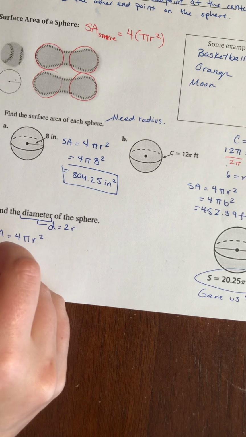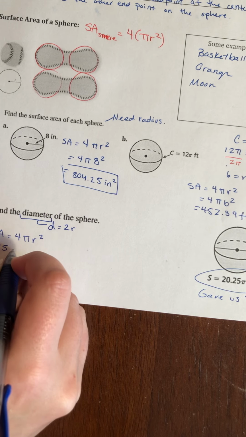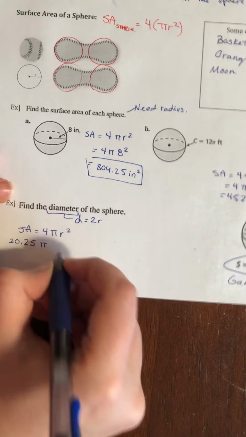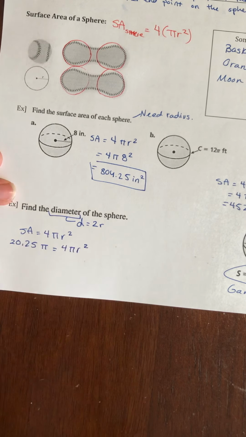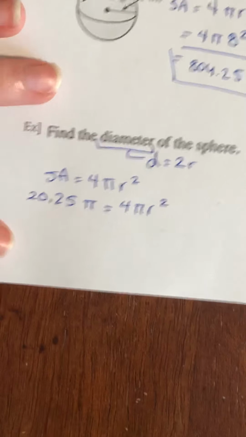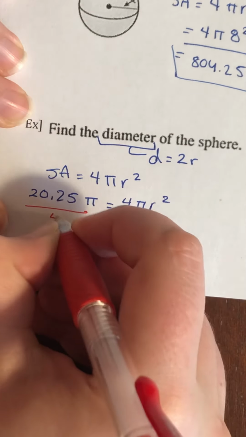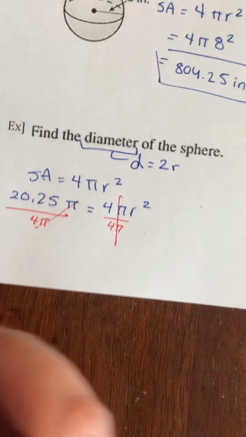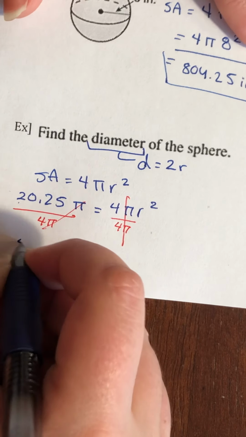The surface area they gave us is 20.25 pi, so 20.25 pi equals 4 pi r squared. We divide both sides by 4 pi.